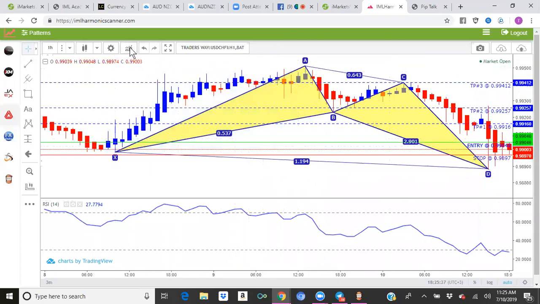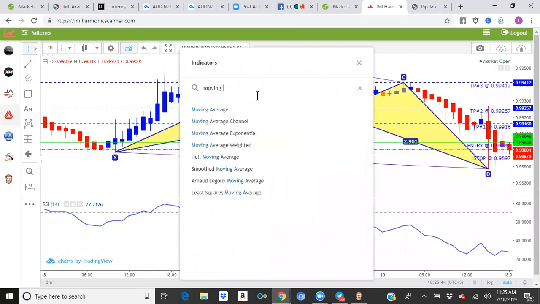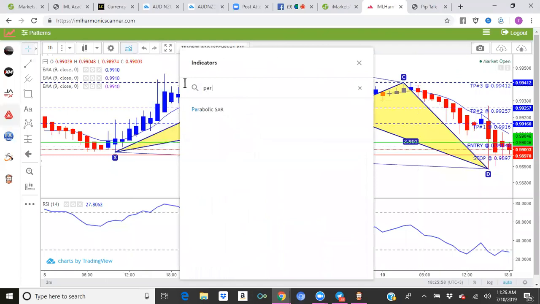Next thing we want to do is come to our indicators. We're going to punch in moving average. And we're going to click exponential 3 times. Okay. Then you're going to punch in PAR for your parabolic support and resistance.